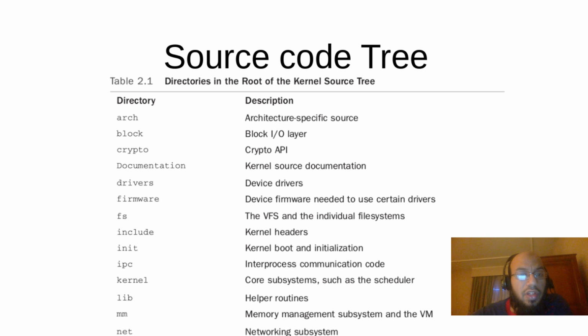This is a very valuable resource for you as a Linux kernel hacker. You go there and find different folders that contain descriptions of different parts of Linux, different subsystems, for example. We will use it through the course, so do know it.